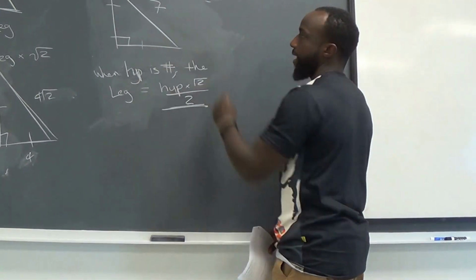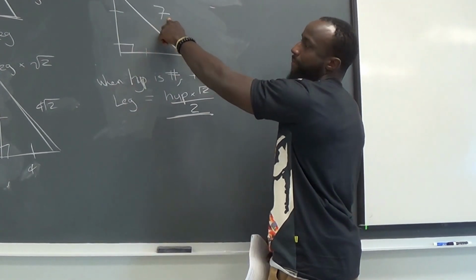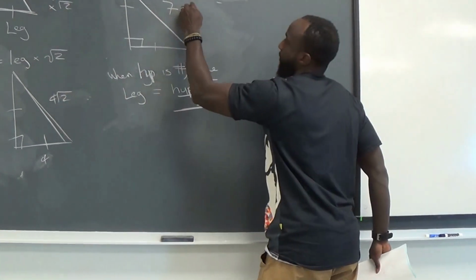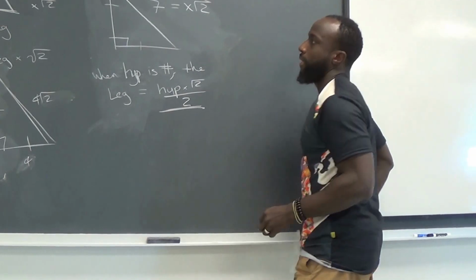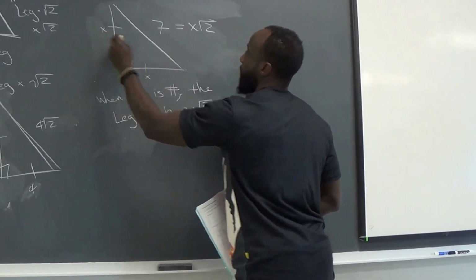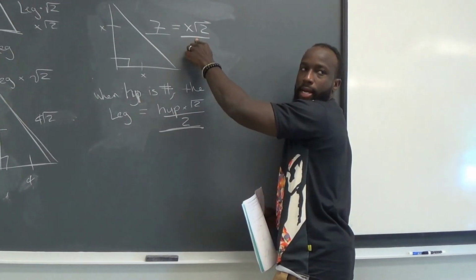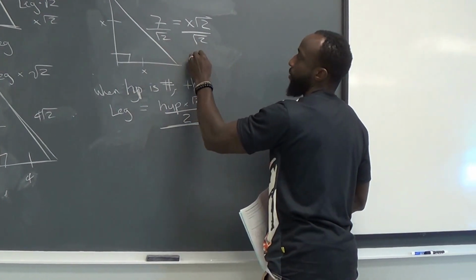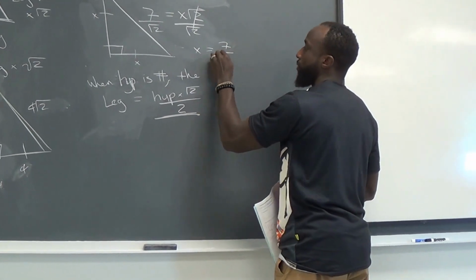So in this case, 7 is the hypotenuse. The hypotenuse is always defined as the leg x times root 2. If we're trying to figure out what x is, we go through our algebra: you get x by itself by dividing both sides by root 2, and you end up with x equaling 7 over the square root of 2.